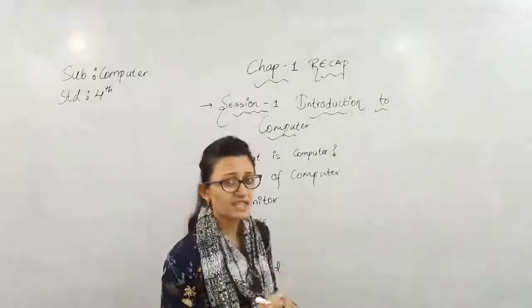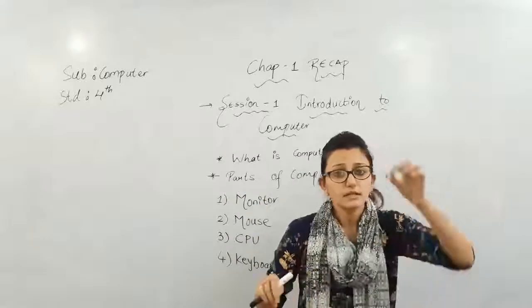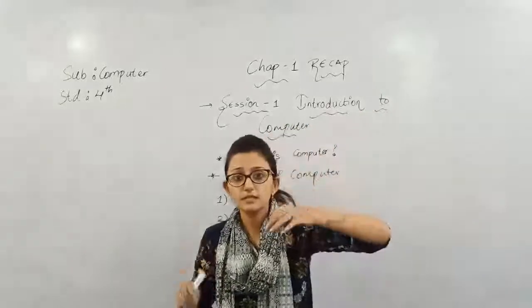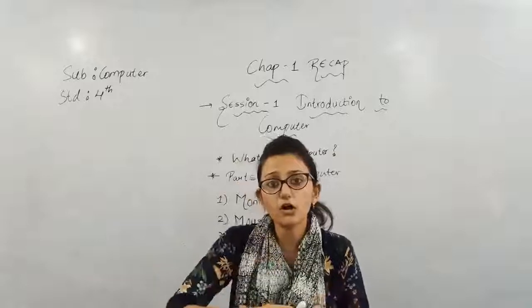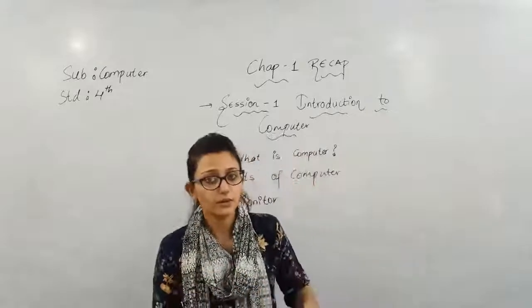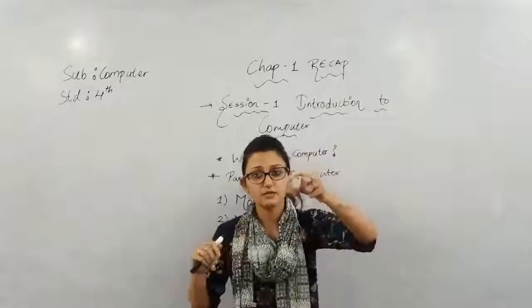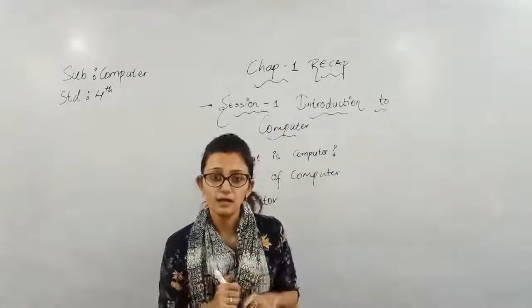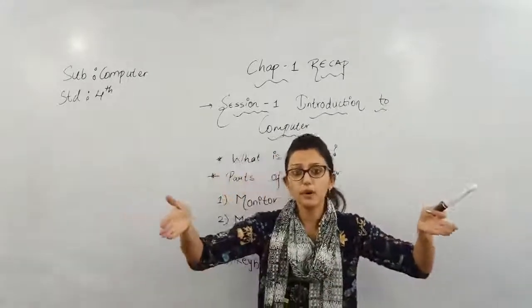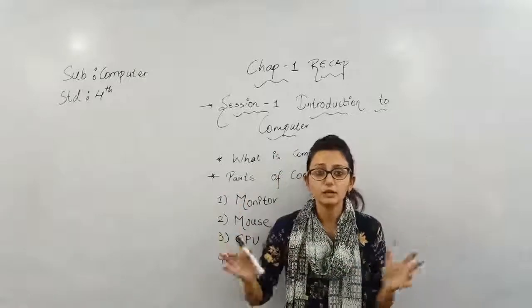This keyboard doesn't mean the key of your lock or of your vehicle. No, it doesn't mean that key. It means the keys which are pressed by us on a big, rectangular board.